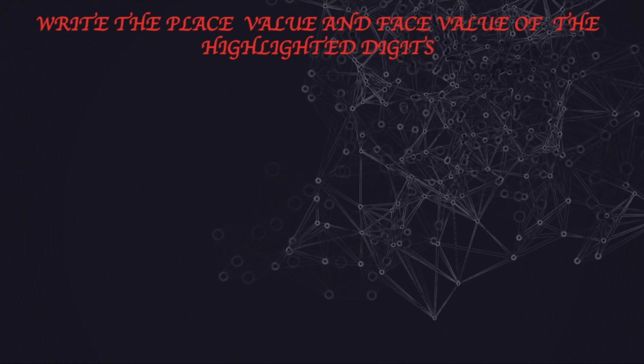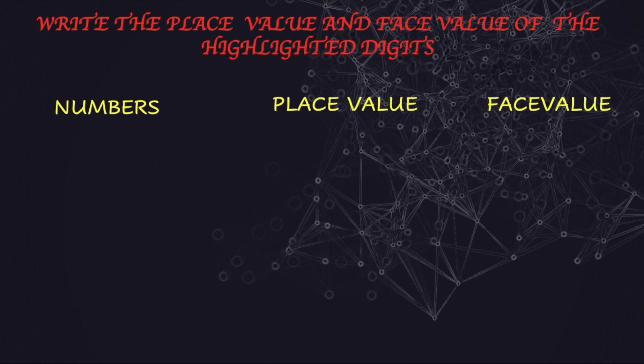Next one, write the place value and face value of the highlighted digit. Here they have given you the digits and you have to write the place value and face value of the highlighted digit. First one, 675. What is the place value of 5? What is place value?